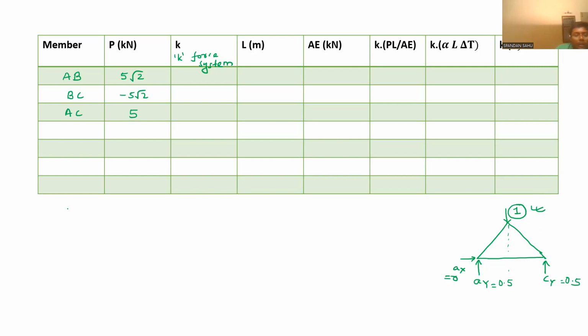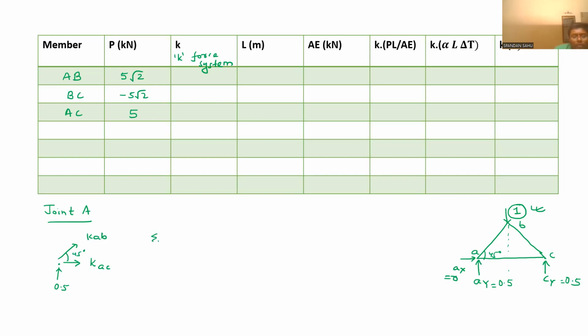Now let us again do the same thing for joint A. For joint A, it is like 0.5 this side. This is A, this is C, this is B. So this is KAC, this is KAB, and this is 45 degree. This is 45 degree.